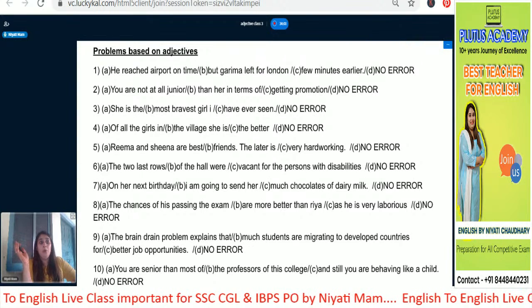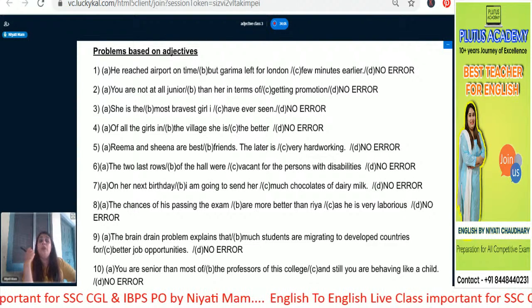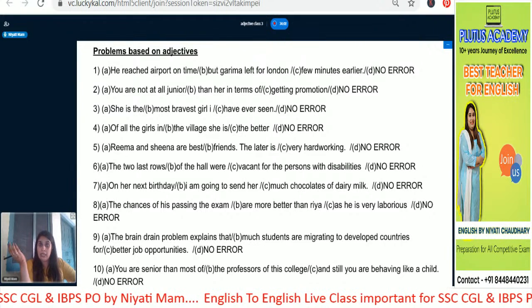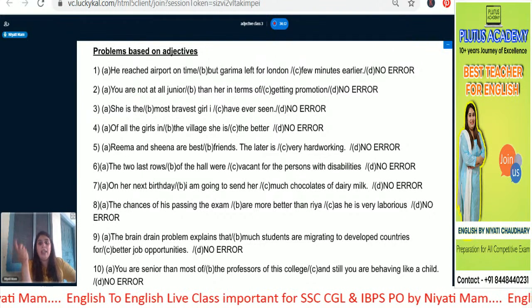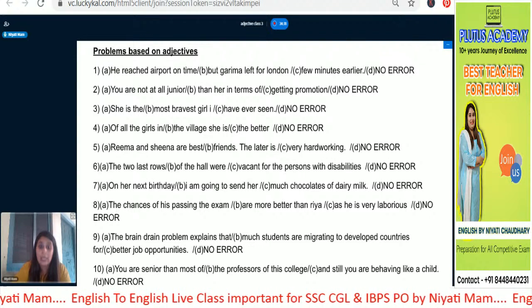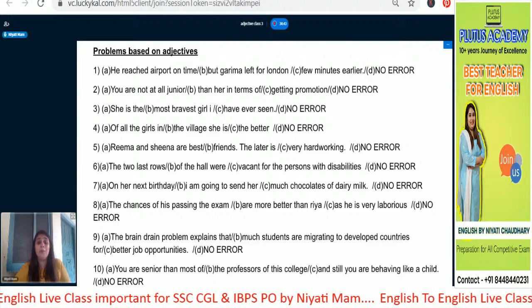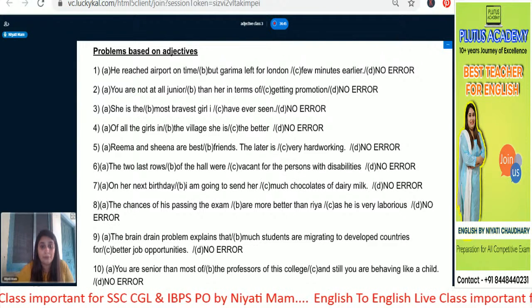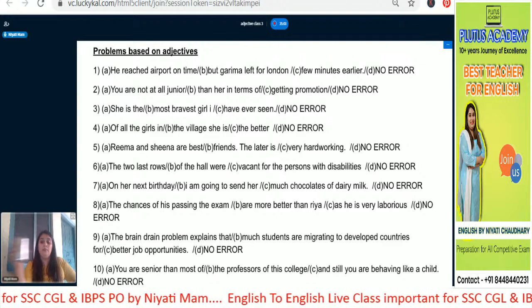He reached airport on time, but Garima left for London few minutes earlier. You are not at all junior than her in terms of getting promotion. She is the most bravest girl I have seen. The brain drain problem explains that much students are migrating to developed countries for better job. So 10 questions, go ahead.